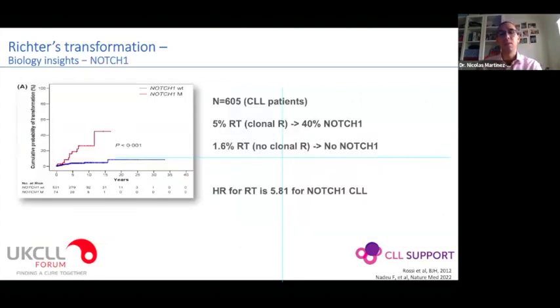A few years later, the same group published a bigger cohort with nearly 600 CLL patients looking at the Richter's transformation, and they described the Notch1 mutation being present in more than 40% of Richter's transformation cases.